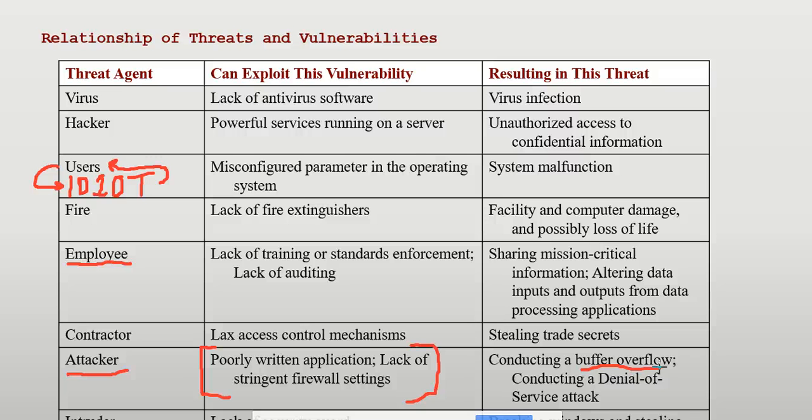And we saw that with the Chinese whenever they did that with Operation Aurora, and Google in China, that happened too.